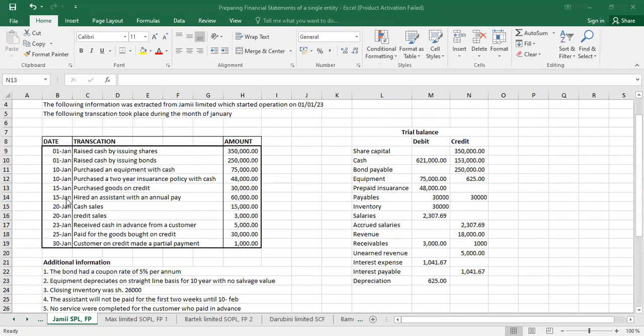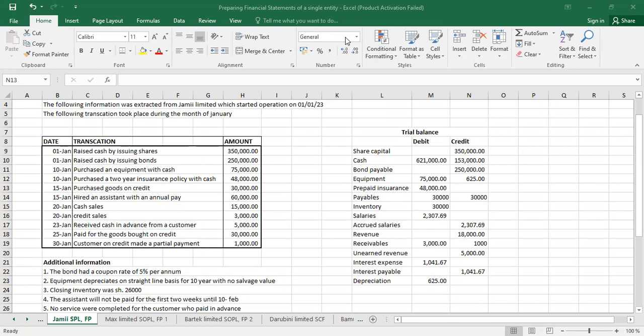And he will not be paid until 10 February, isn't it? So it means this salary has accrued. It was to be paid, but has accrued. The other name for accrued is outstanding, isn't it? It has not been paid. Then we go to closing inventory. Closing inventory.